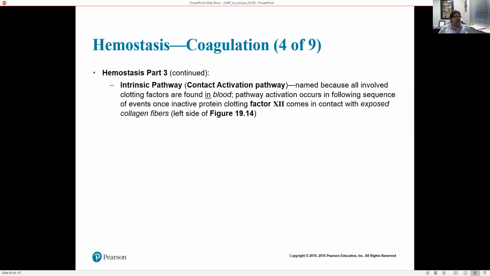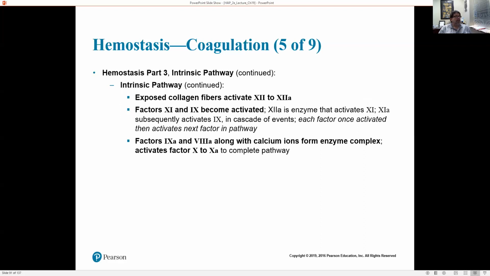In the intrinsic pathway, named because all involved clotting factors are found in the blood, the pathway activation occurs in the following sequence of events. Once inactive clotting factor 12 comes in contact with exposed collagen fibers, or an unknown substance, the exposed collagen activates factor 12 to factor 12A.